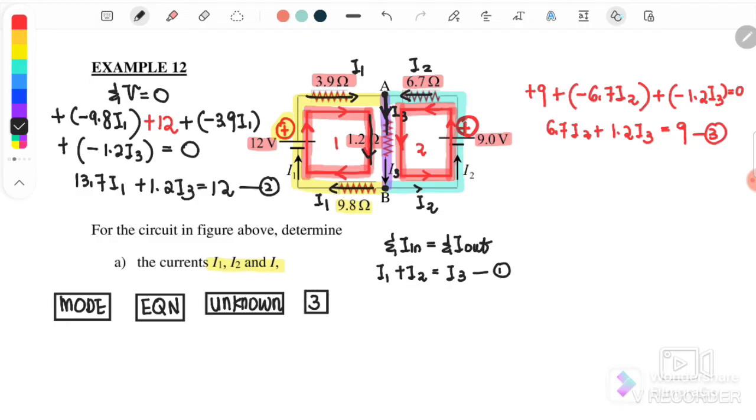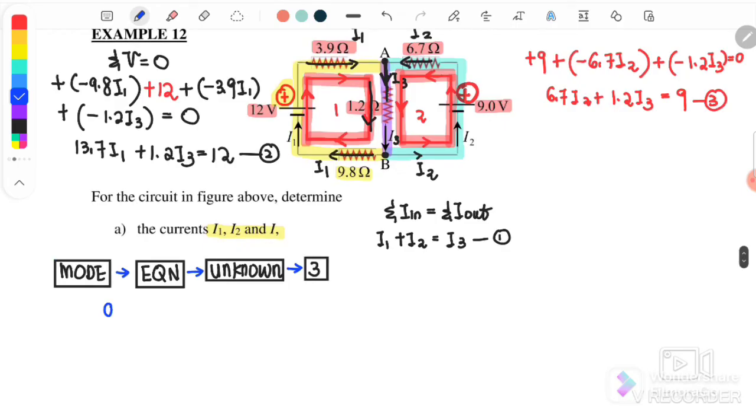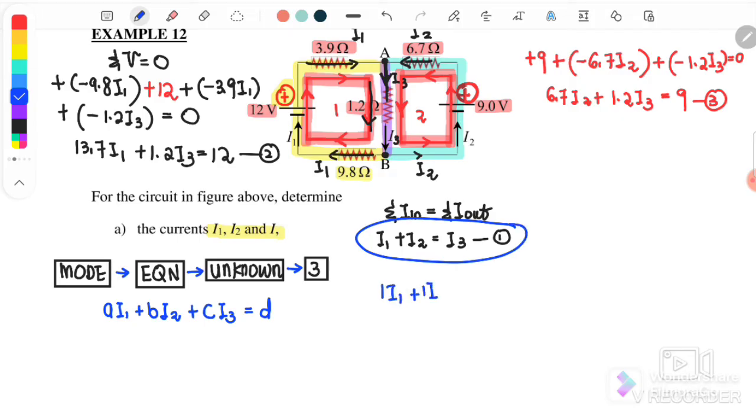From there, you must arrange your equations in this form: A I1 plus B I2 plus C I3 equals D. The first equation we rearrange as 1 I1 plus 1 I2 minus 1 I3 equals 0.